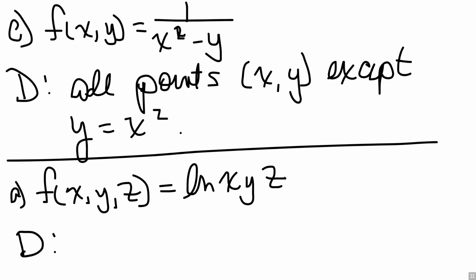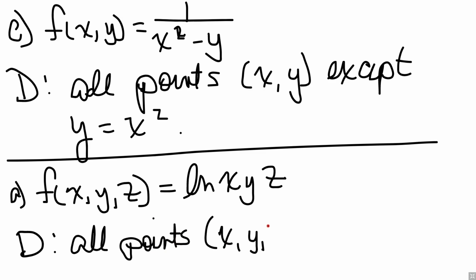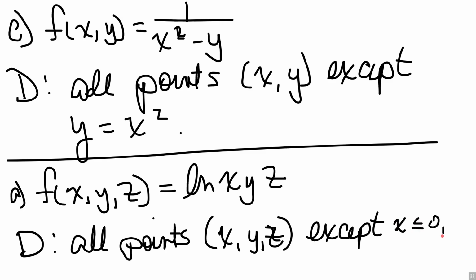All points x, y, z except x, y, z cannot be 0 or less than 0. Correct. Okay, so we can say all points x, y, z except x cannot be less than or equal to 0, y cannot be less than or equal to 0, z cannot be less than or equal to 0.